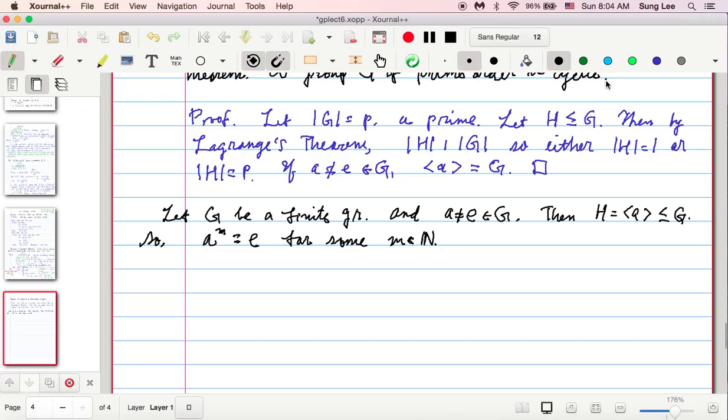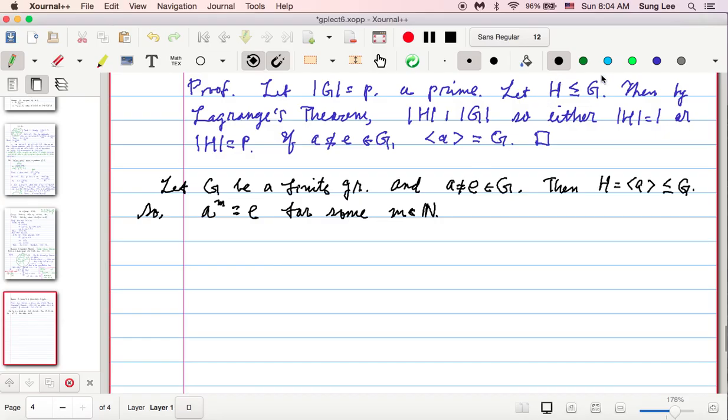Maybe I should mention a little more. H is finite, right? It's generated by that cyclic subgroup, generated by a.